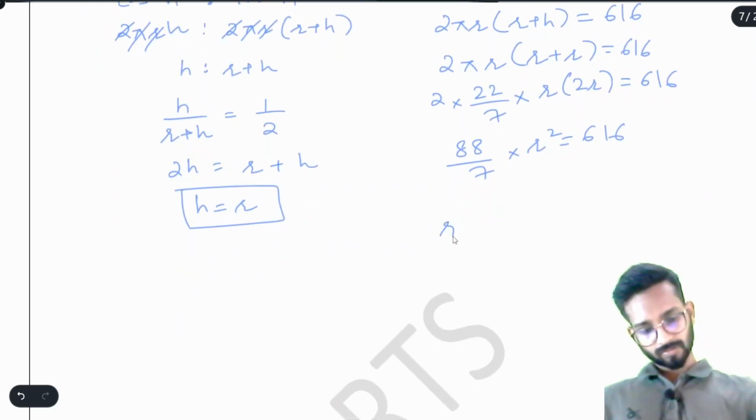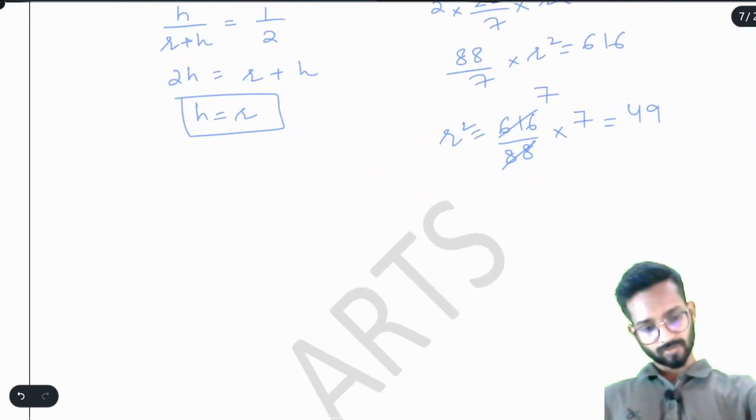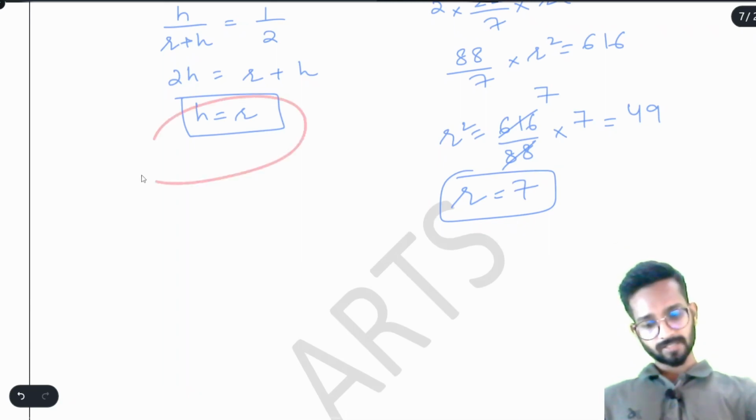So R square is 616 divided by 88 into 7. 88, 7s are 616, so it is 49. R square is 49, so R will be 7. Since H is equal to R, height is also 7.